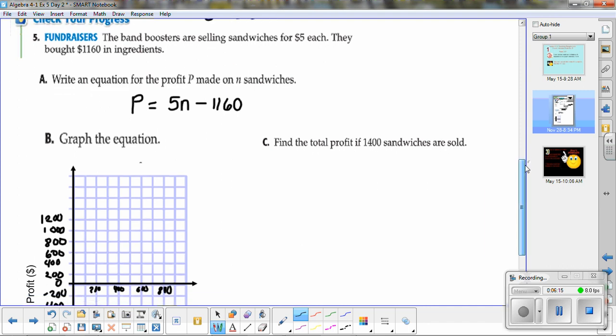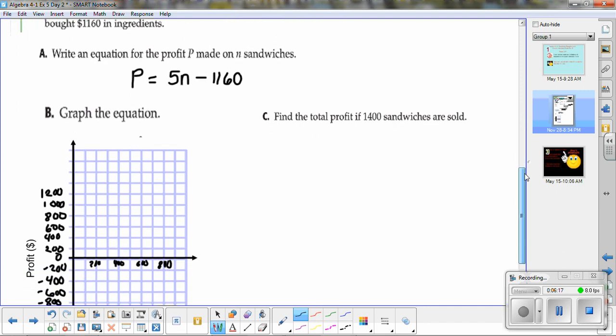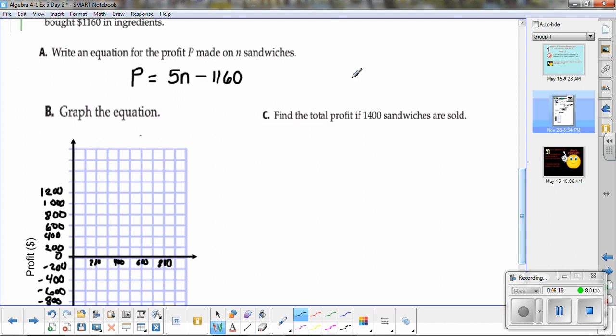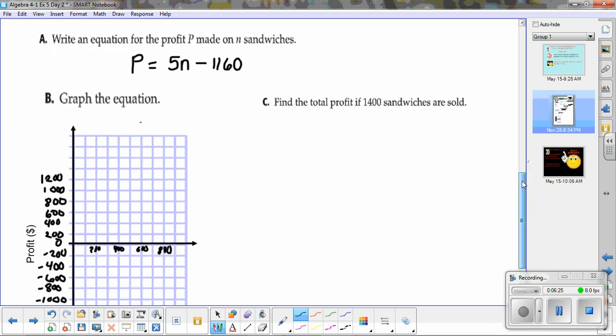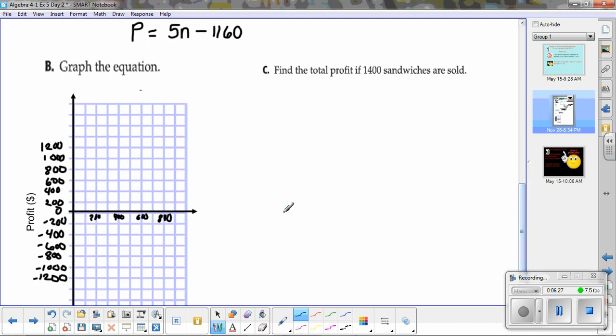Now to graph that equation, we know the y-intercept is going to be at negative 1,160. So on my graph here, I chose to go up by $200 increments, and negative 1,160, it's going to be about there.